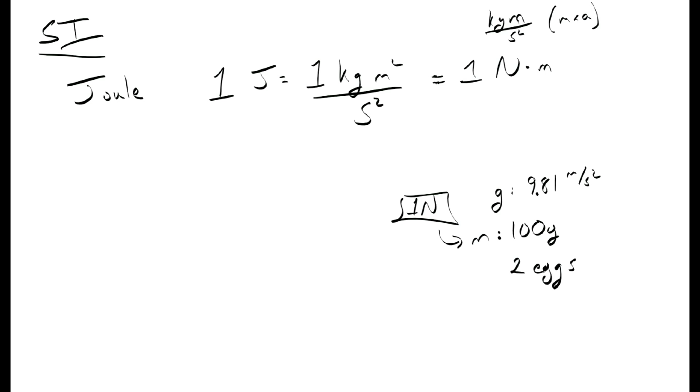So if you take that 1 Newton object and you lift it up from the ground and put it on top of a washing machine, then you have exerted 1 joule, or you've done 1 joule of work. Okay, you've increased the potential energy of those 2 eggs by 1 joule.